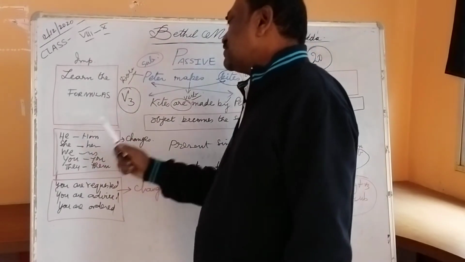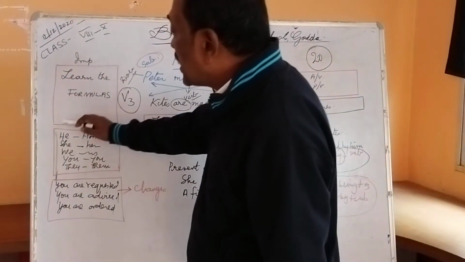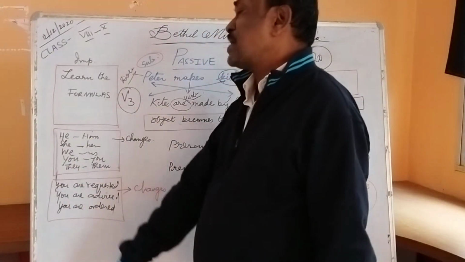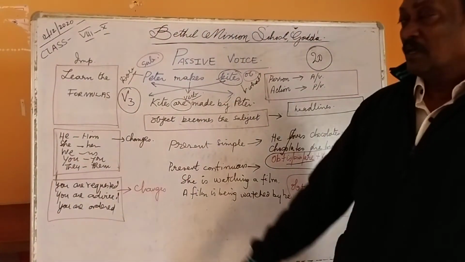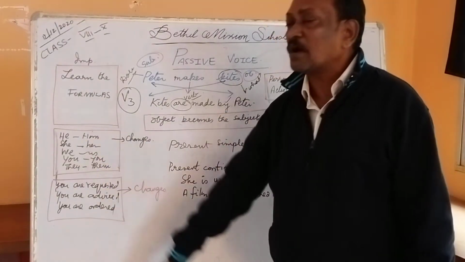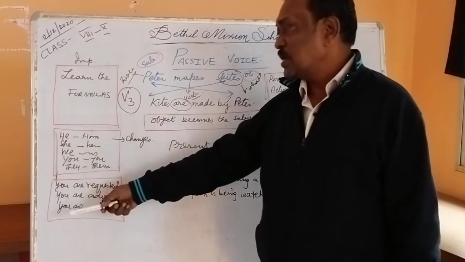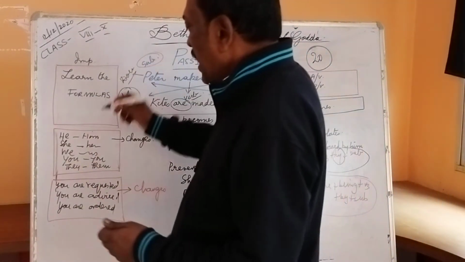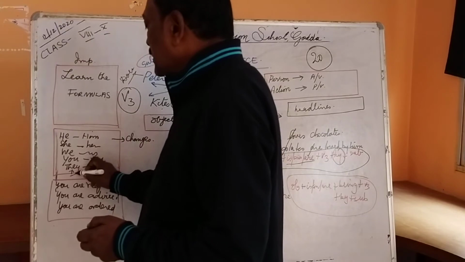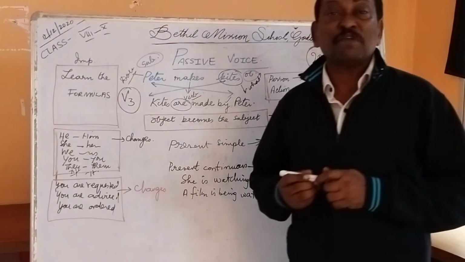And they changes into them. Now remember, these are the changes of the pronoun. All these words are pronouns: he, she, we, you, they, and there is also one more pronoun, that is it. It remains as it. So see the changes of the pronouns.